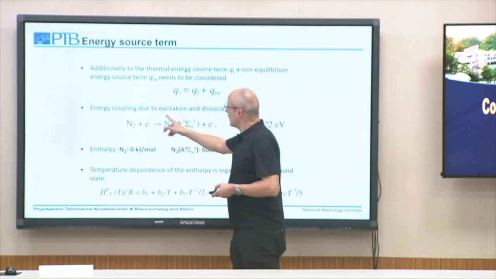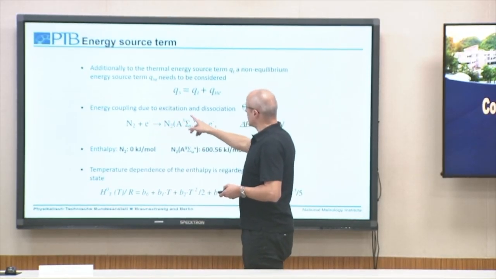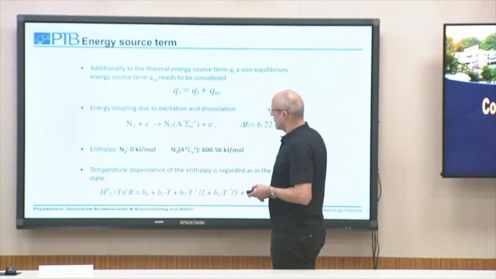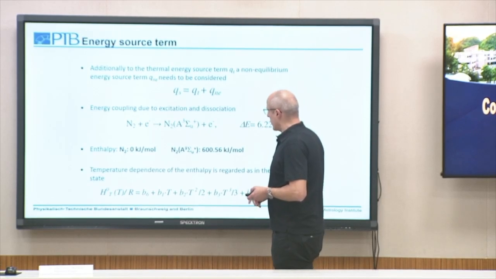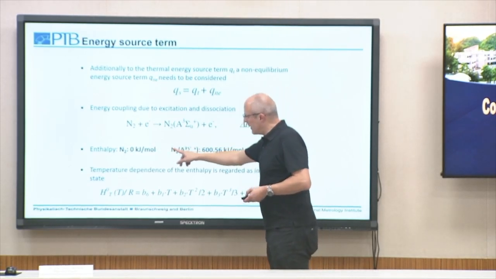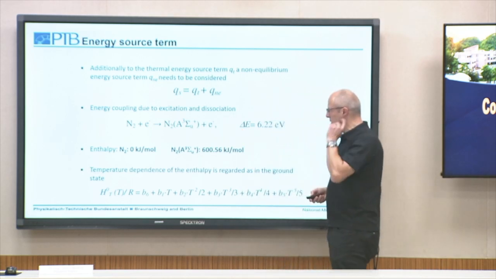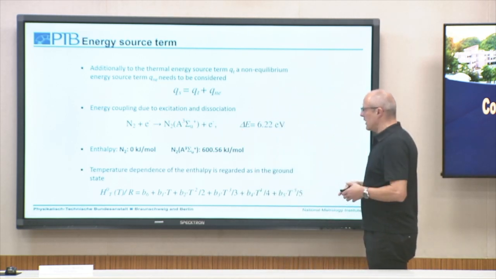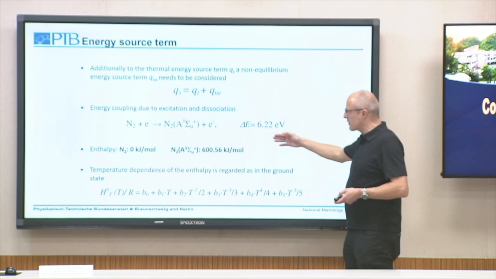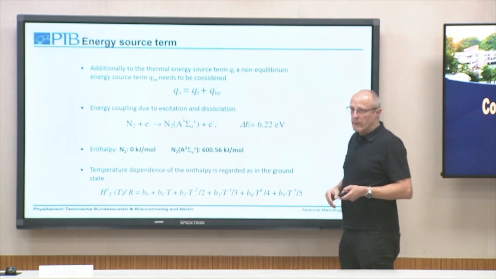Here you see an example again for this excitation I've explained on the last slide. Then, of course, you have to consider here the enthalpy change, which is the outcome of this reaction. So the final temperature, of course, is then a function of this enthalpy change too.